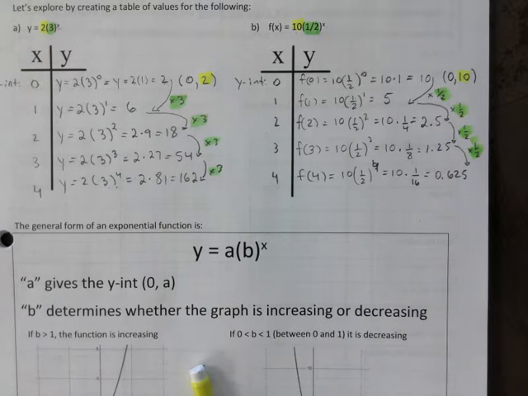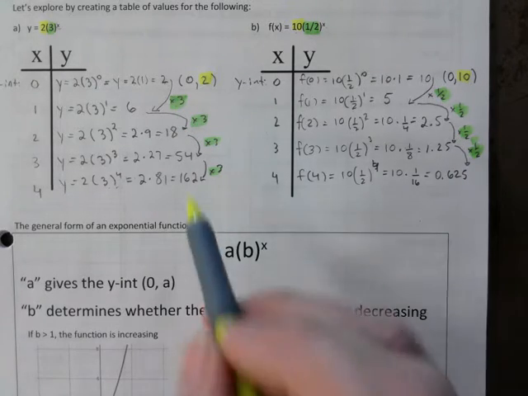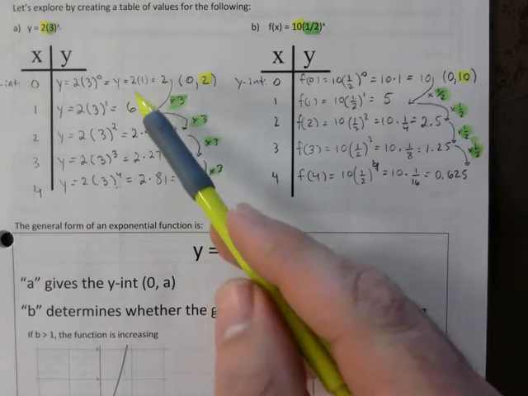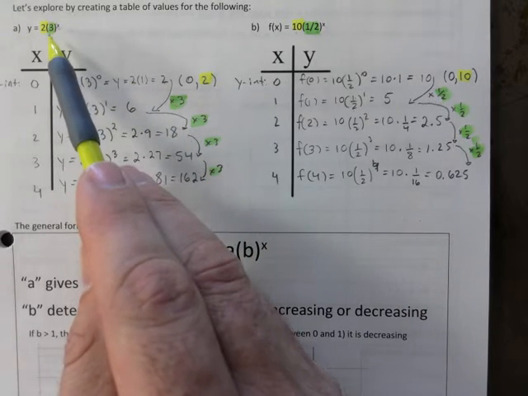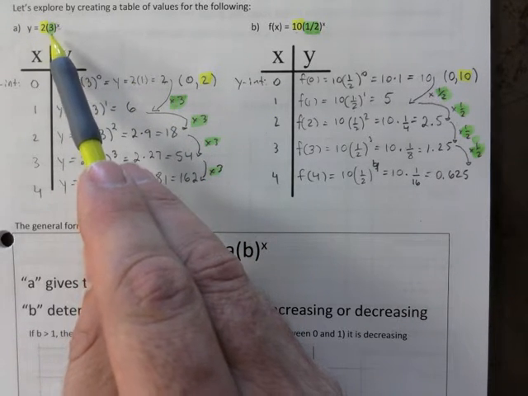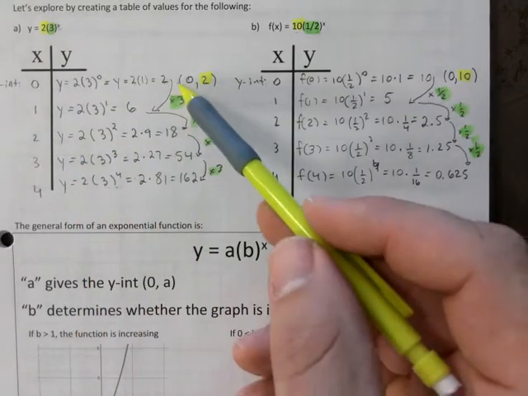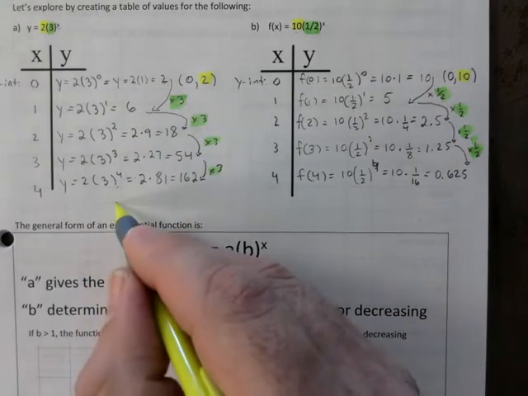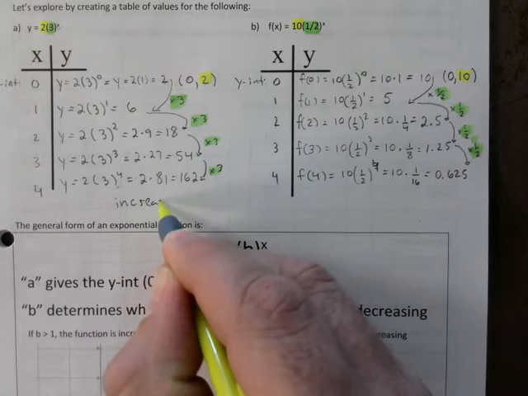So we talked about the pattern. What happens to the y values in this case? Are they going up or down? When there's a 3 there, this went up, so this is increasing.